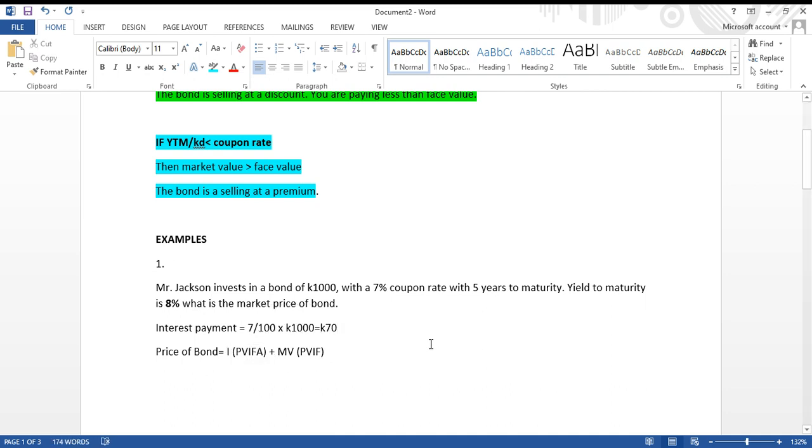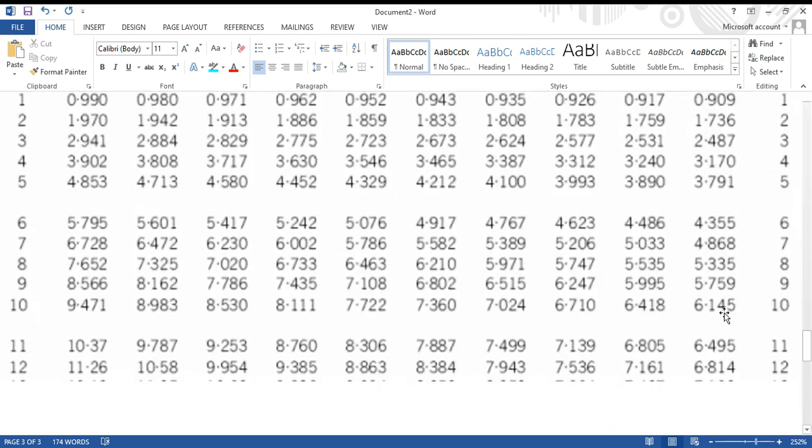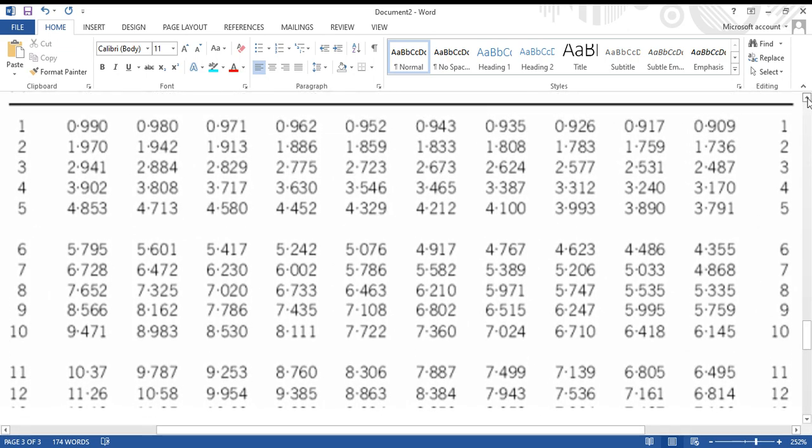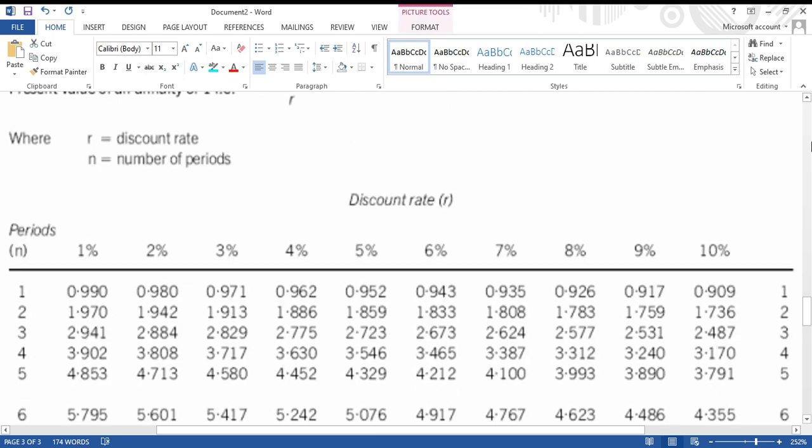So what we can do is go to our annuity tables. We're going to find the discount factor of 8%, and our period will be 5 years. So I've got an annuity table here. Our discount factor is 8%, and after 5 years, our annuity factor is 3.993.